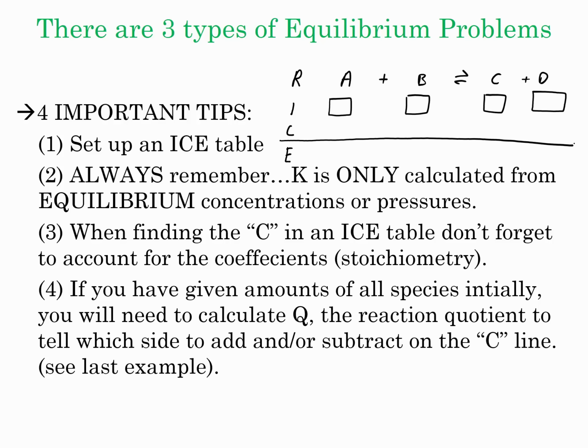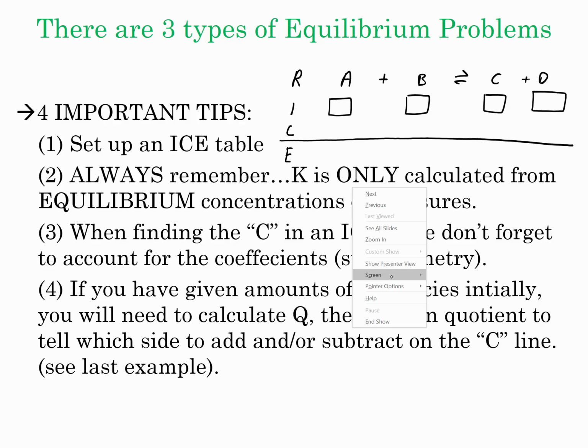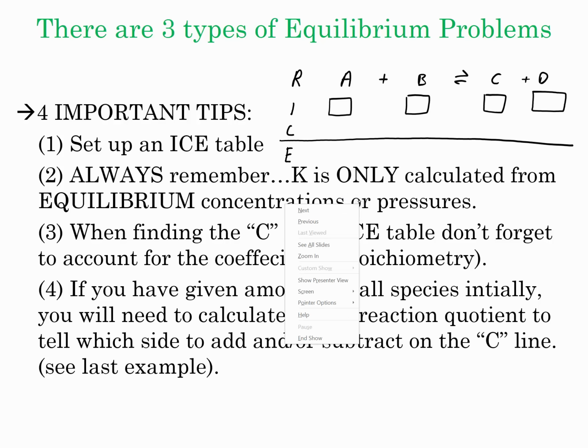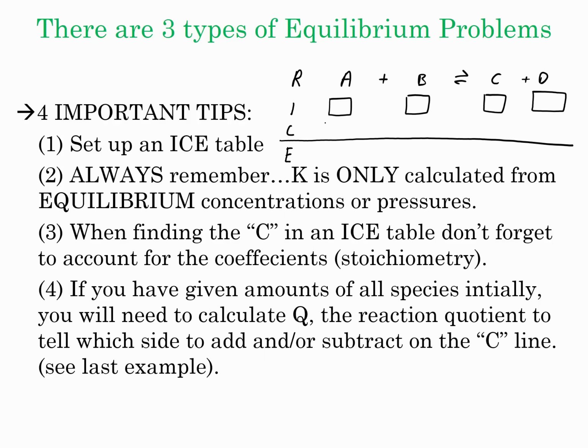When I talk about the E line, I'm talking about this whole line right here, and the C line means these amounts right here. You're going to think of these problems as empty boxes. We could even call this a RICE table instead of an ICE table.